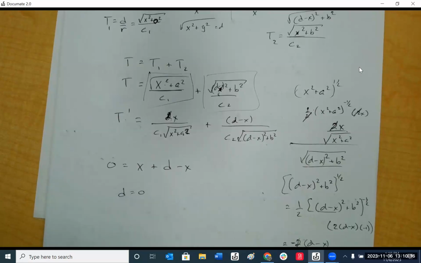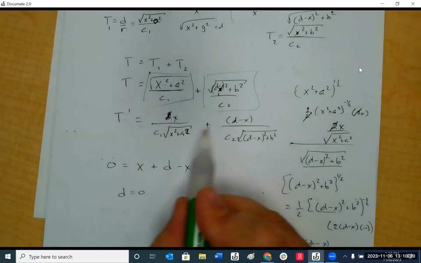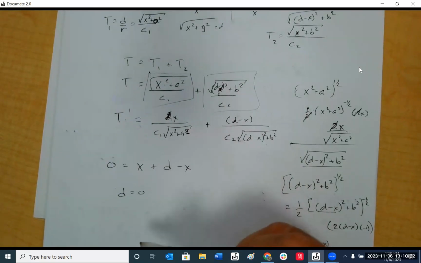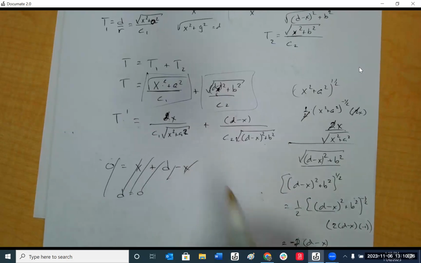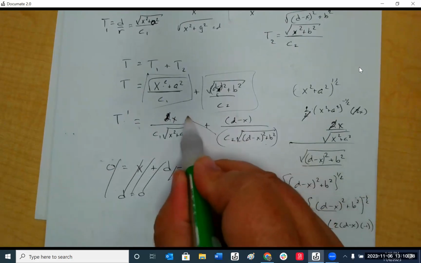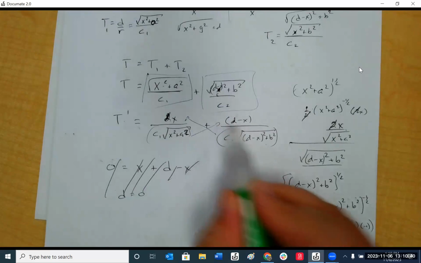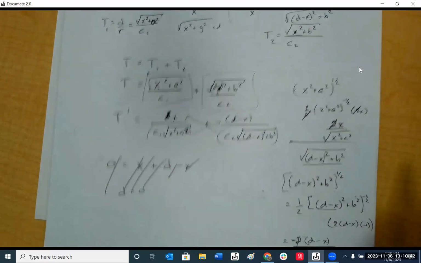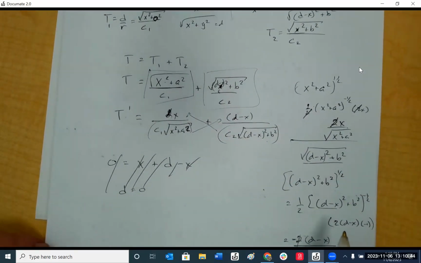Crikey. No, it's not really that easy, because I first have to get a common denominator. So we have to multiply this to that, and this to that, and then get our common denominator.